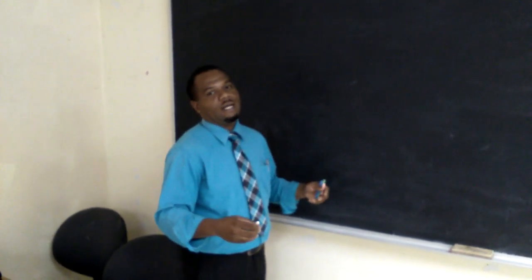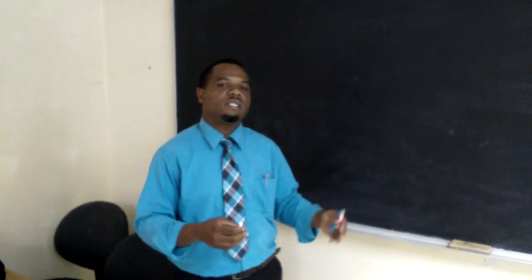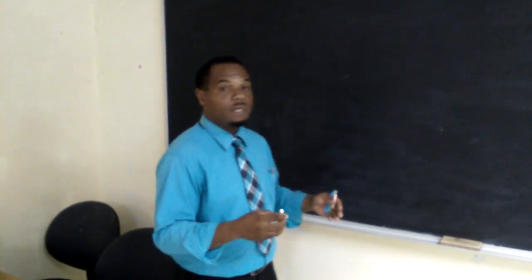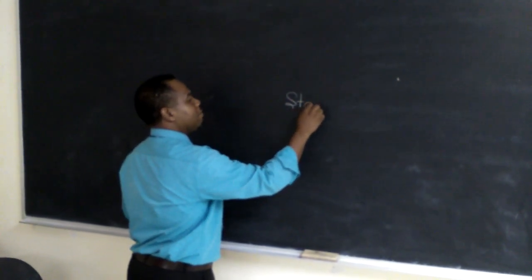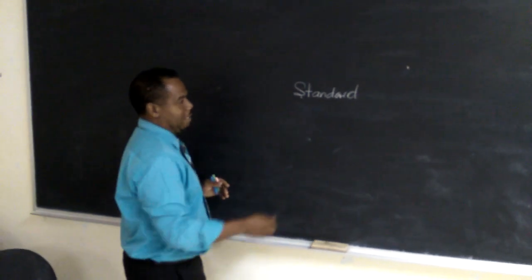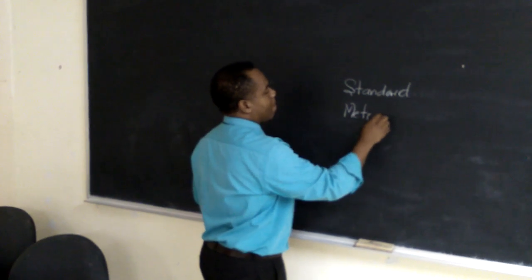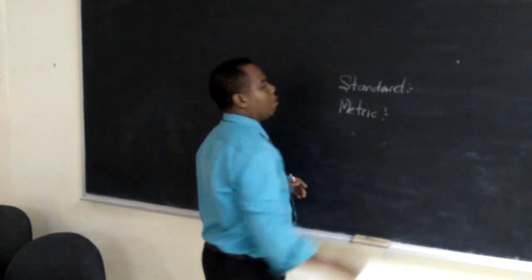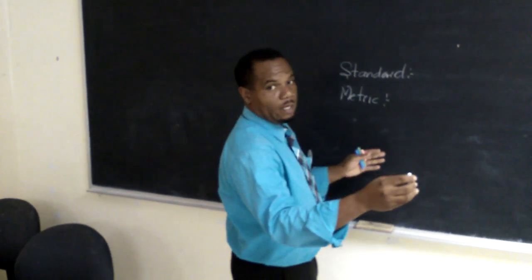Now, such measurements are taken using two systems of measurement. The systems are the standard system and the metric system. Now, with these systems of measurement, there are different units that are used.